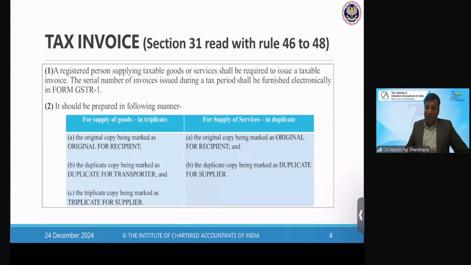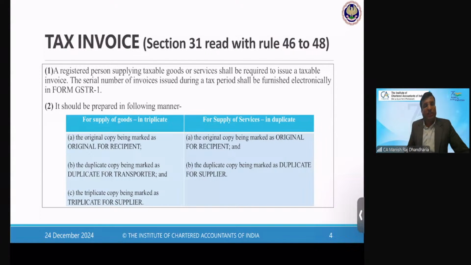Now this invoice, the supplier who will issue it has to issue in multiple copies. What will the multiple copies be? In case of supply of goods, it has to be made in 3 copies. The original copy will be given to the recipient, that is, the one who is buying goods or availing our services.